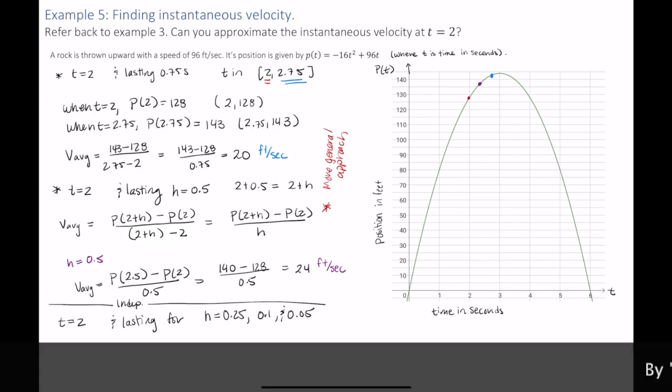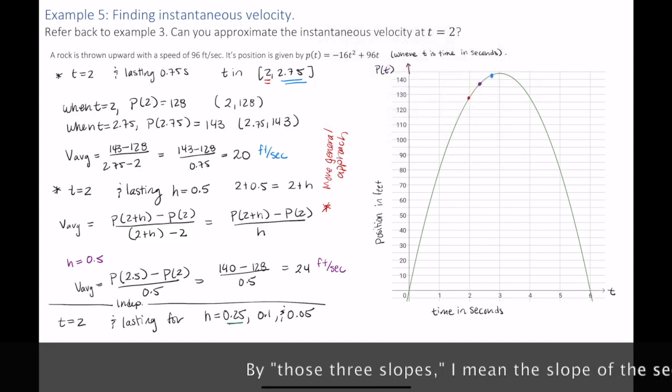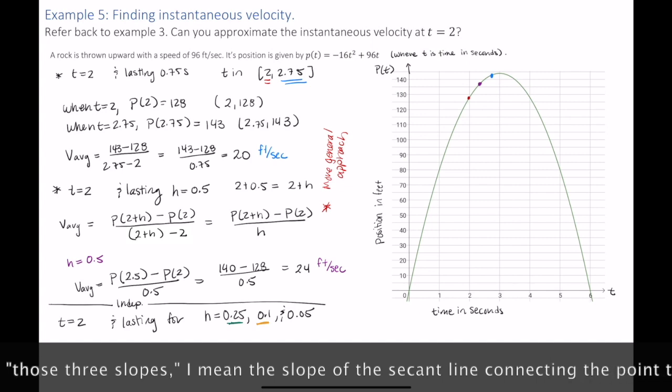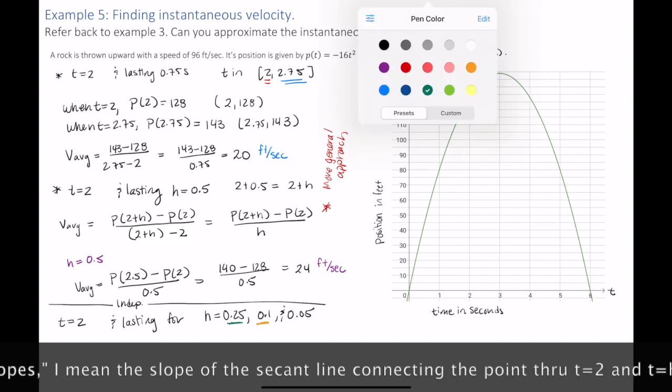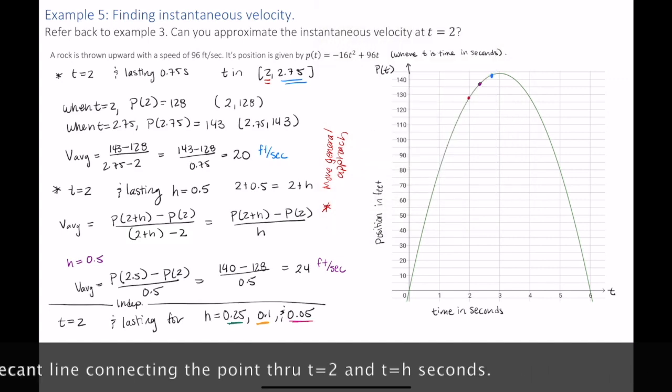So please pause the video and find those three slopes. And I'm going to color code these so that when you unpause the video to watch, you'll be able to quickly identify which value goes with which answer. So please pause the video now.